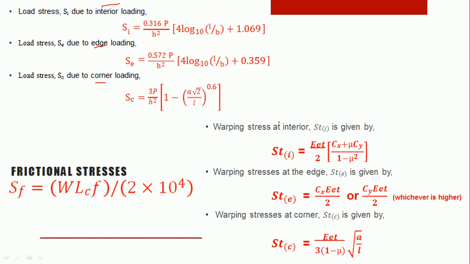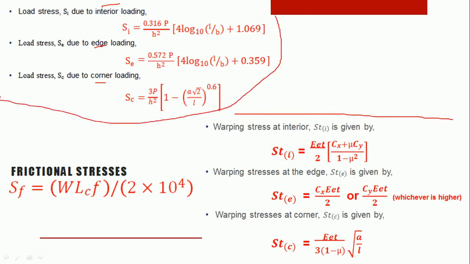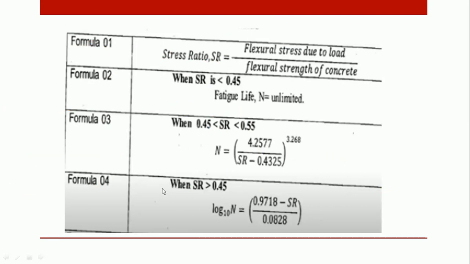This table is purely related to the warping stress, and these formulas are related to the wheel load stress. Frictional stress occurs only at the interior, so we have only one formula to find the frictional stress. And we have a table to find the value of the stress ratio.